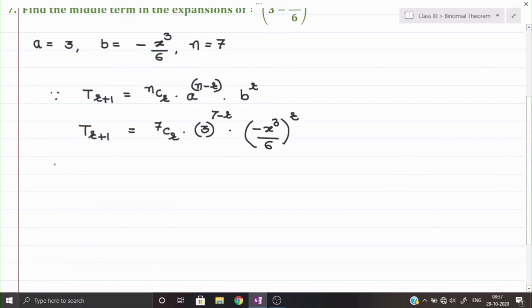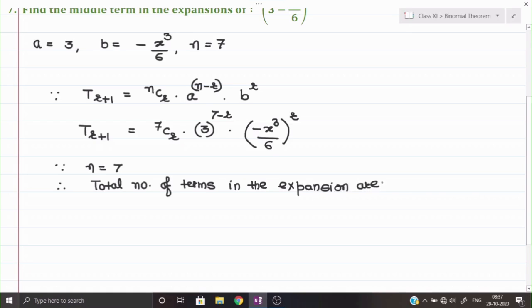Okay, now first we shall describe who will be the middle term here. Since the value of n is equal to 7, the total number of terms in the expansion will be 8.